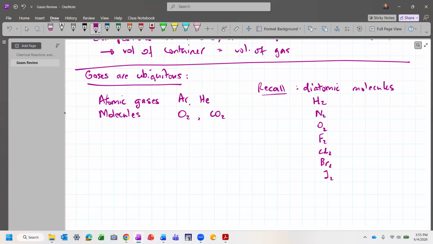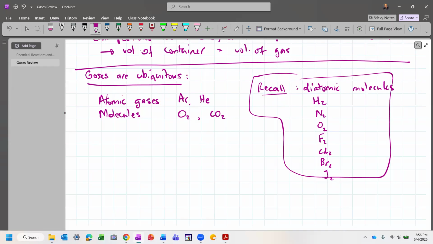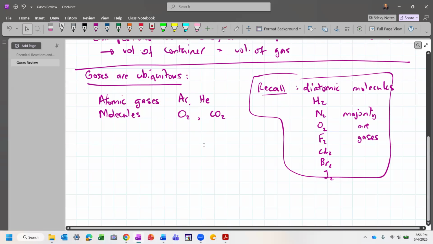These are all diatomic molecules. They're not all gases, but the majority of them are. And they're diatomic as well. There's 1, 2, 3, 4, 5, 6, 7 of these that we mentioned back in Gen Chem 1. So we'll say the majority are gases.